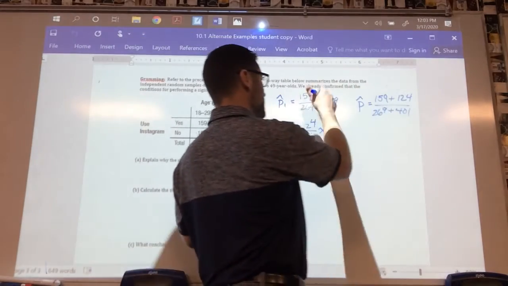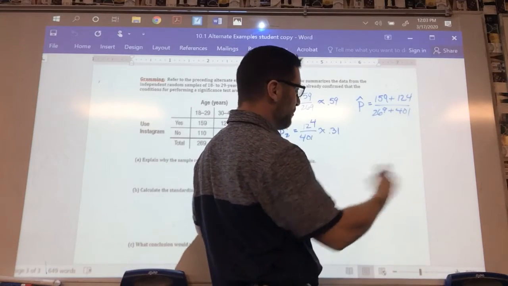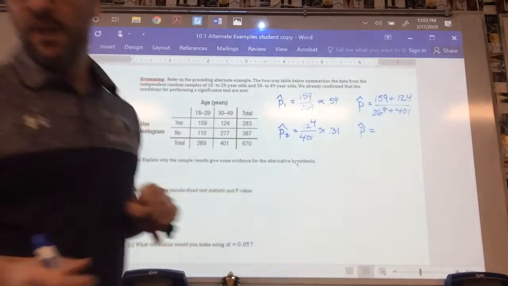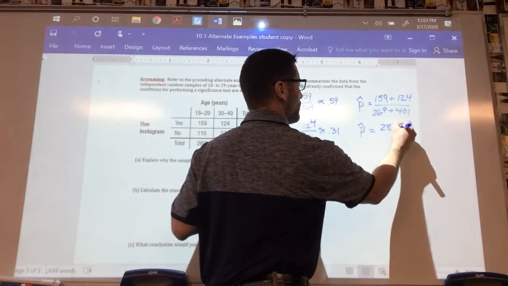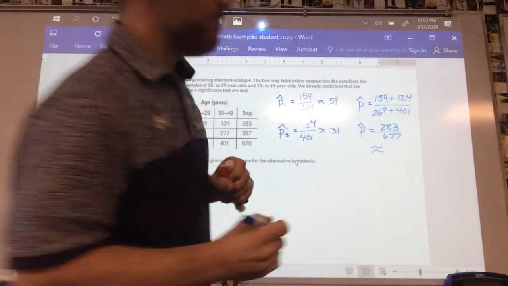These are the specific age groups, and this is the total of our sample. I got 283 over 677, and that's about 0.422.